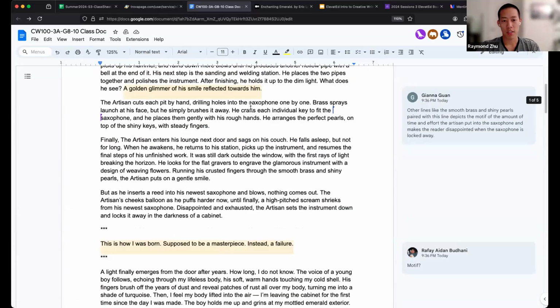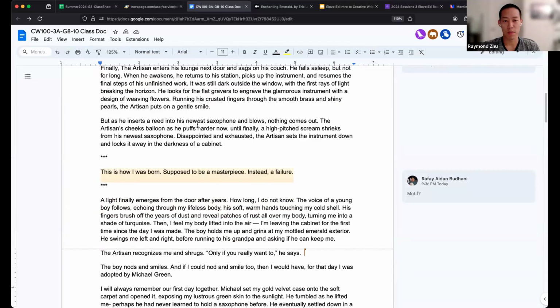It talks about how this saxophone that's pretty much the narrator of the story is ruined because I think it's rusted inside, right? So it's green on the inside. And they keep repeating that in the story.